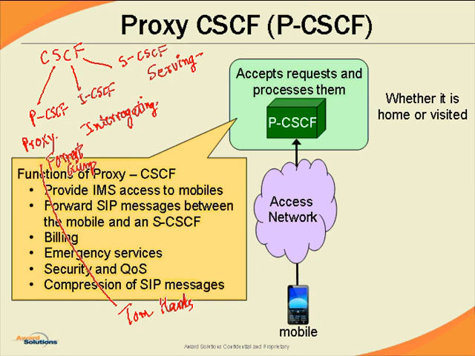Whether you are in your home network or you are roaming, proxy is always there. Always there. So whenever our UE starts sending out SIP signaling messages, they first arrive at the proxy, because proxy will always be there. Think about the movie Philadelphia.